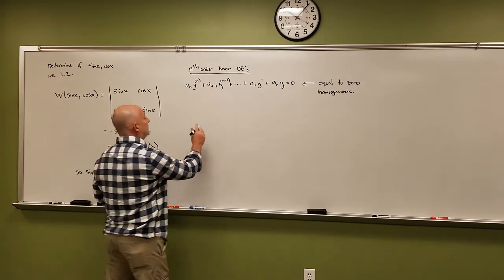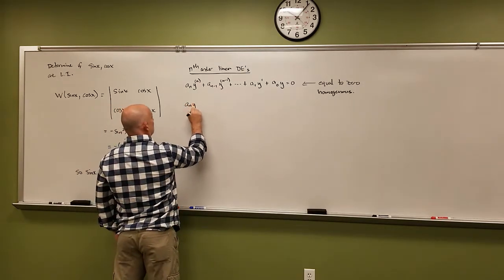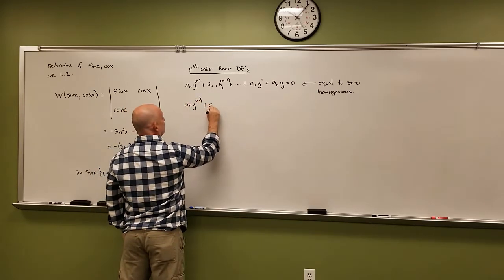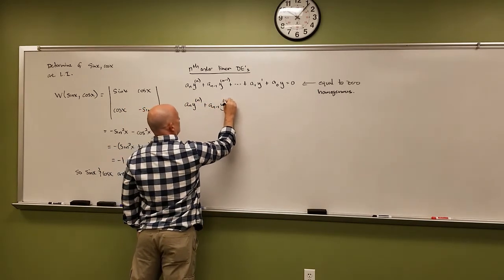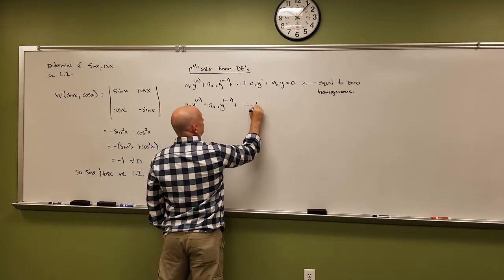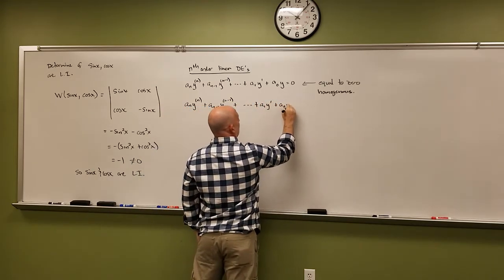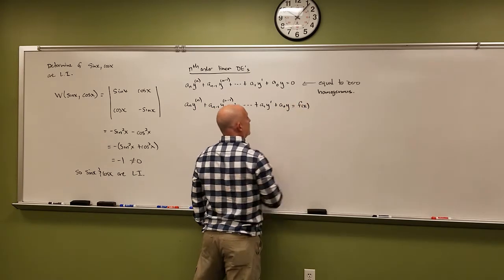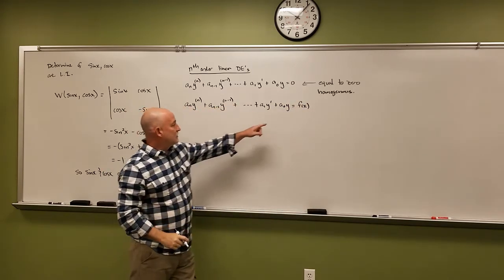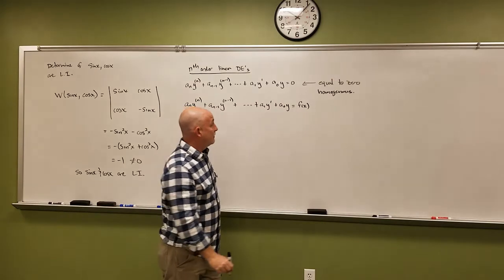So if we ended up having this exact same equation, all the way out to a1 y prime, a0 y is equal to some function of x, right? If we have something that just has x's in it, that means it can be isolated on the side.